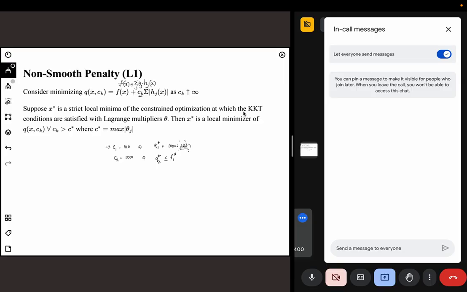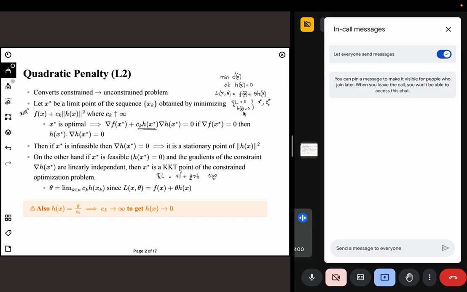So in L2, what we know is we need c_k to be very high in order to get even this close to 0. For example, if you need h of x to be less than say 10 to the power minus 3, this is the amount of tolerance you want. For example, with the CFD equations, you have a continuity equation that has to be always satisfied, but you cannot always make it exactly 0.